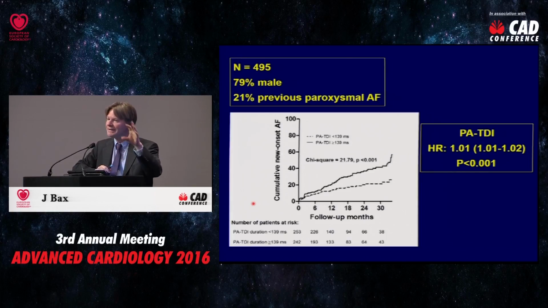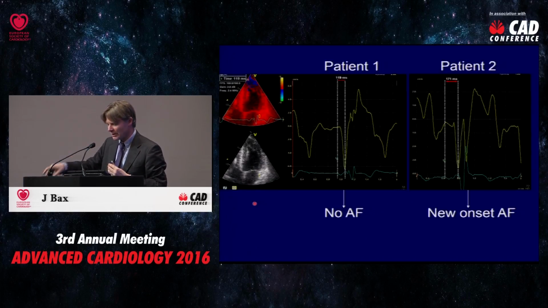The long PA-TDI, very simple to get from these echo images, is a marker of electrical mechanical delay, which is a marker of LA fibrosis. So I tried to show to you size, function, fibrosis. It is these three that actually eventually most likely develop atrial fibrillation.